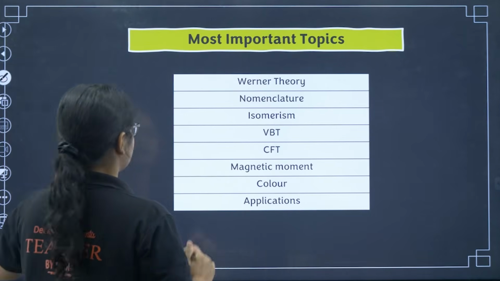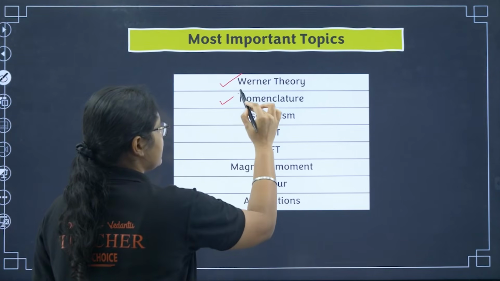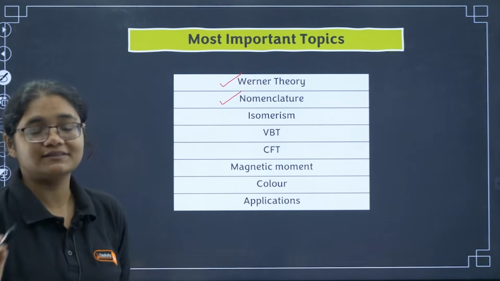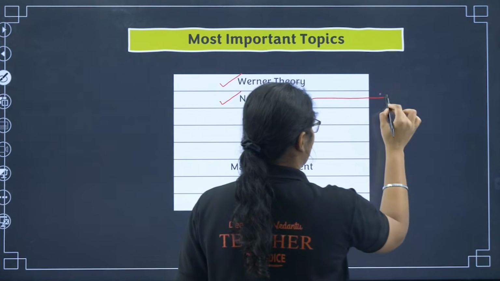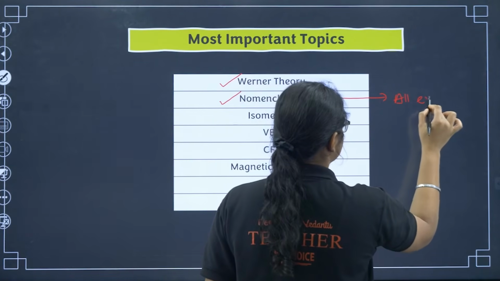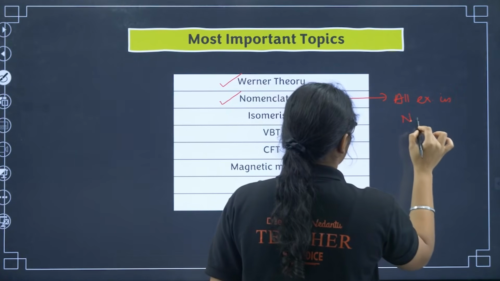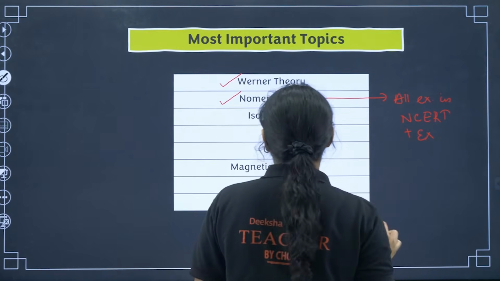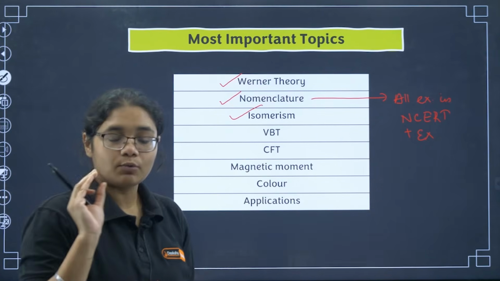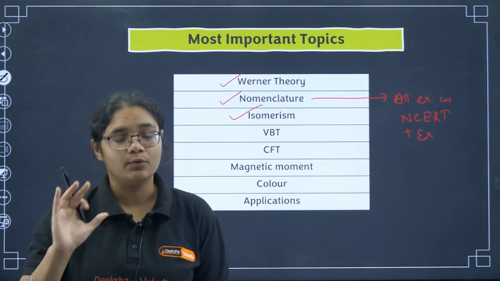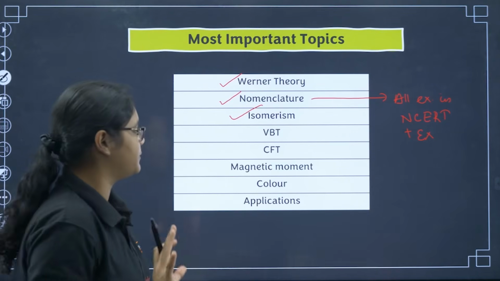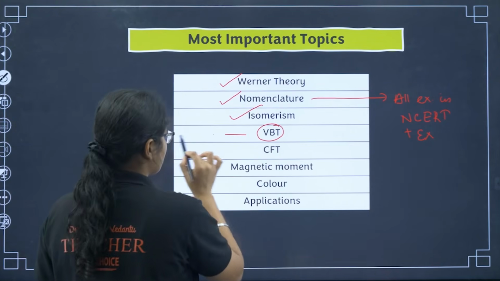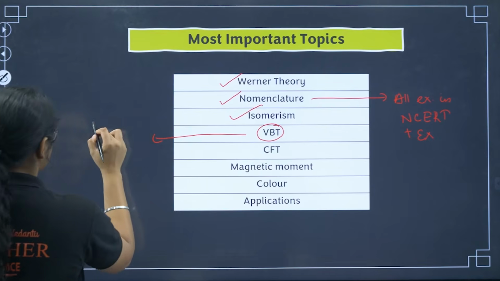The first one, very very important, is Werner's theory. Then nomenclature, please practice all the examples given in NCERT, plus the exercise questions. Next, isomerism, again whatever examples are given in NCERT, only those isomers you should prepare. VBT for 4 complexes, you should know which are the 4 complexes.